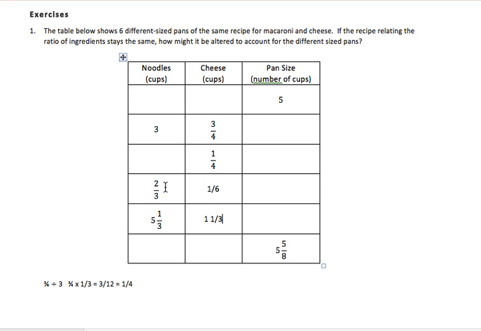And then we will go back up to some of these other values. Let's do the easiest one first. 1/4 cup of cheese. Now, since this is our y value, we'll need to divide to find the x value. So what we're really doing is taking 1/4 and dividing it by 1/4. But remember, when we divide fractions, we have to multiply by the reciprocal.